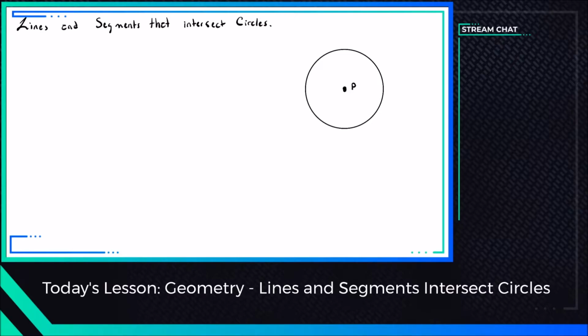So why don't we get started with a term that I already threw out, the radius. So this red line right there, that's going to be our radius. And there's infinitely many radii on a circle.